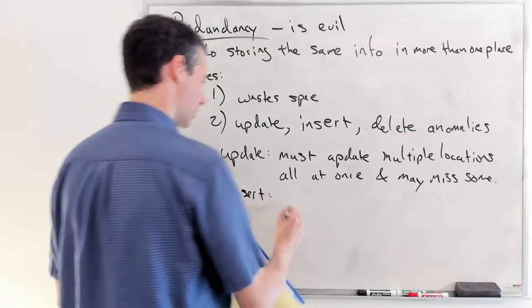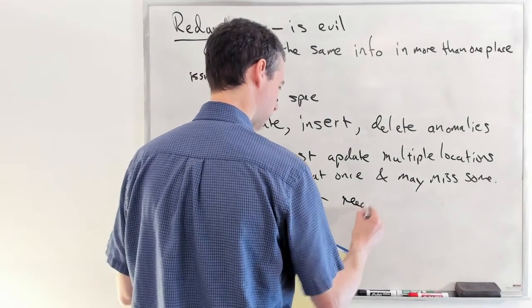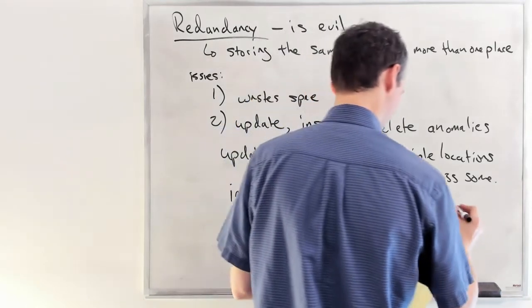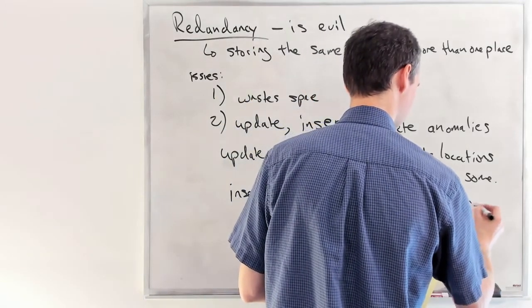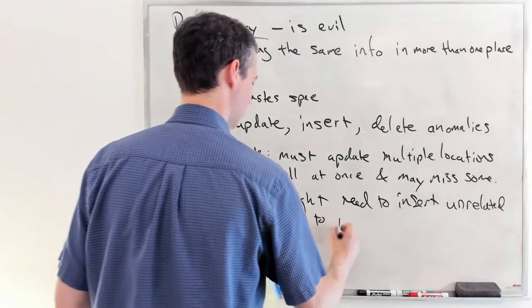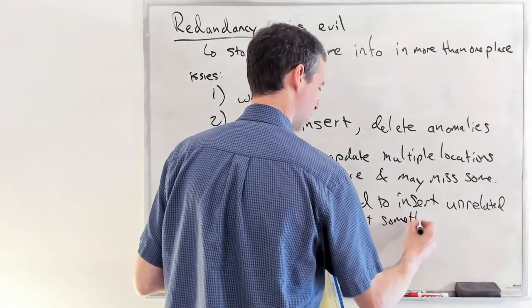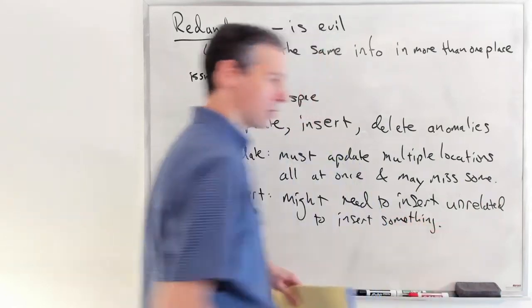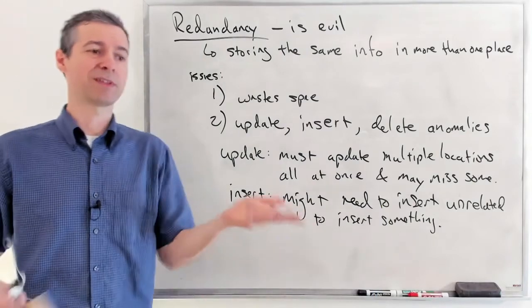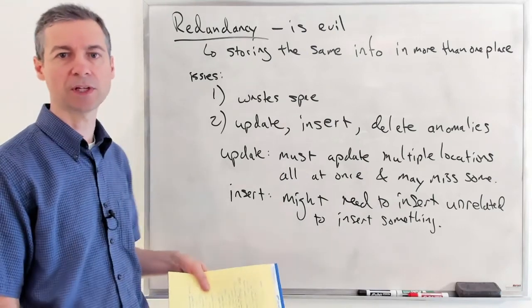Insert anomalies. Well, this is the idea that we might need to insert unrelated data to insert something. So it's basically, oh, I want to just put this in the database. Oh, but to put it in the database, I also have to put this stuff in there.